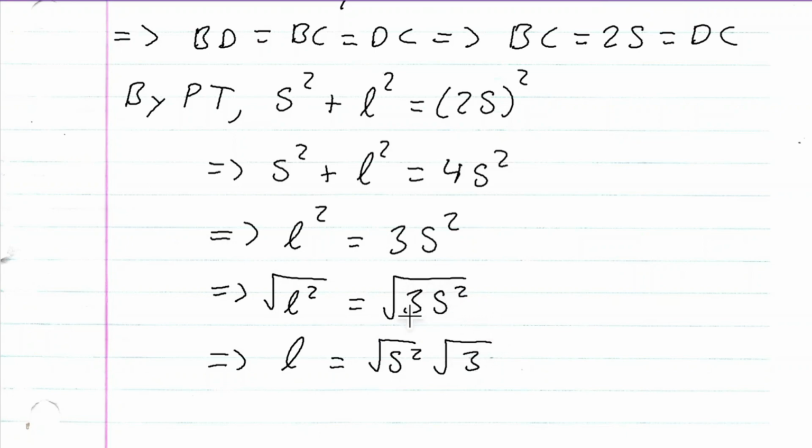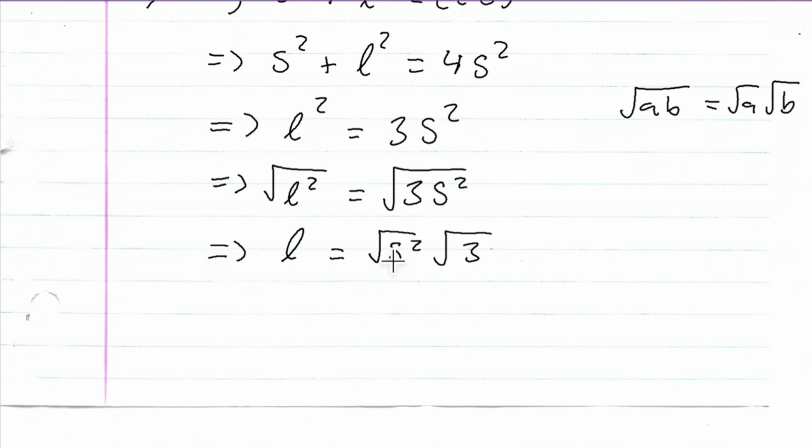I'm using the commutative property and the property of square roots in order to separate these guys, right? Because remember, the square root of a times b for real numbers a and b is equal to the square root of a times the square root of b. So I'm using that. And then I know S is positive, of course. So this implies that L is equal to S times the square root of 3.